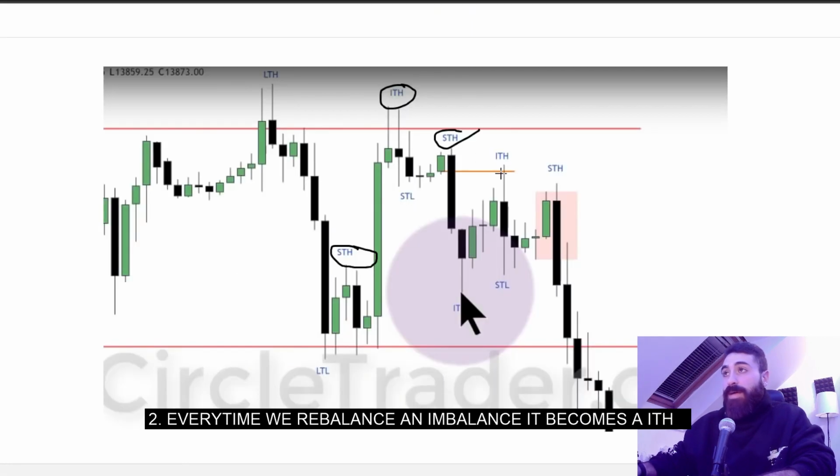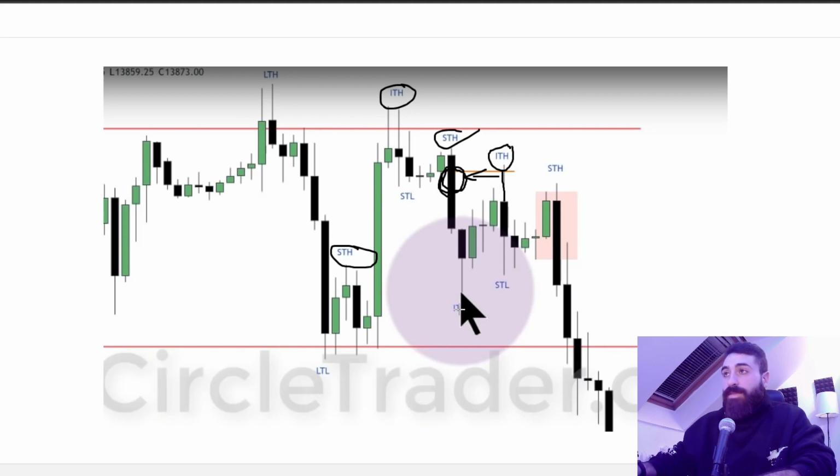This is the imbalance. Same as here, this is an intermediate term low because we rebalanced an imbalance. There is also a short-term low next to this, and there is also a short-term low next to this.